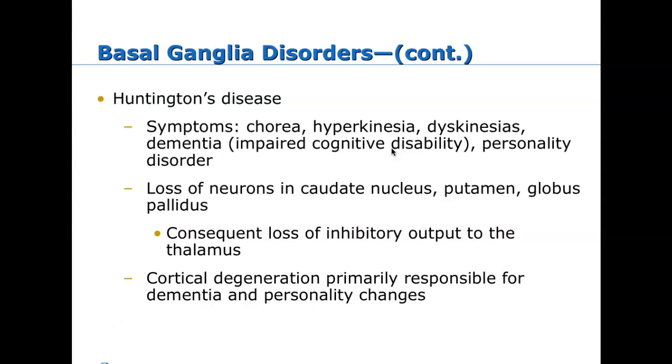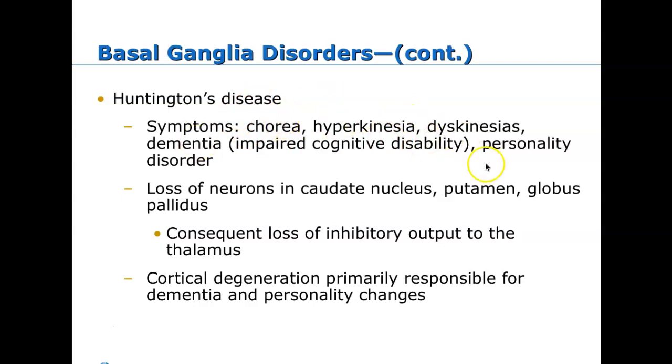And I had put a short movie on the website, and this is a person who is being affected with Huntington's disease, and you can see the symptoms in the way this person is trying to talk and the way that their face is moving. So they're still in the very early stage of Huntington's disease. Now, it is a really horrible disease, and it is actually a genetic disease.